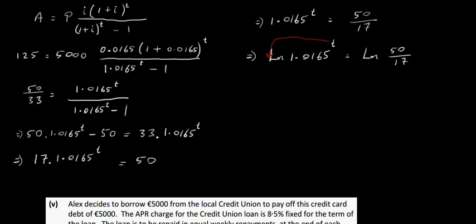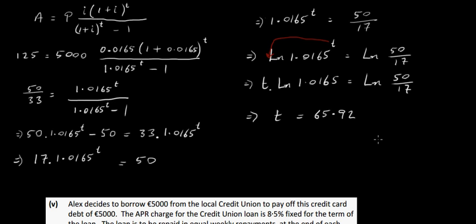So I'll end up with t times the log of 1.0165 is equal to the log of 50 over 17. Last thing I'm going to do then is just isolate this t. This t is multiplied by this log here, so I'm going to take log of 50 over 17 divided by log of 1.0165. When you do that on your calculator, you get 65.92.